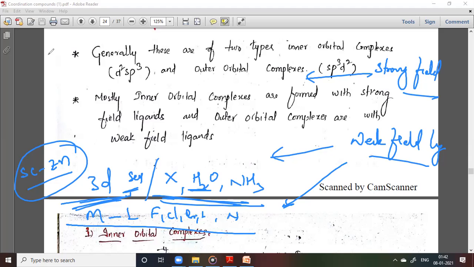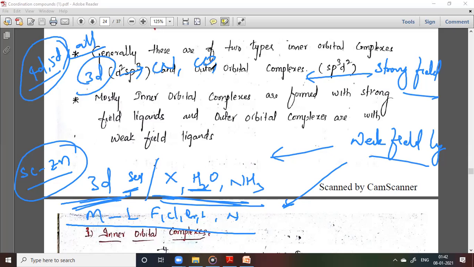But in case of the 4d series and 5d series, all ligands are strong field ligands, and for the 3d series, especially cyanide and CO, some specific ligands are strong field ligands. That I already told you in the last video. Please see that video, then you can easily understand this VBT theory for the octahedral complex.